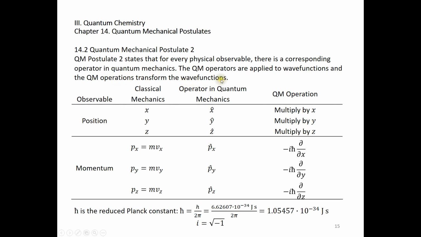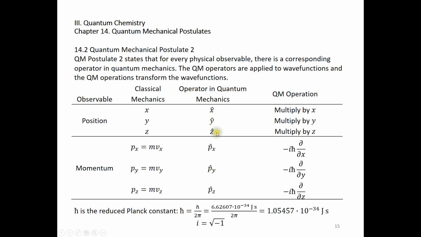Now let's look at several examples. The position of a particle is an observable. In classical physics, we use x, y, and z to specify the position of a particle in the 3 dimensions. In quantum mechanics, we have corresponding operators, x, y, and z with a caret on top.